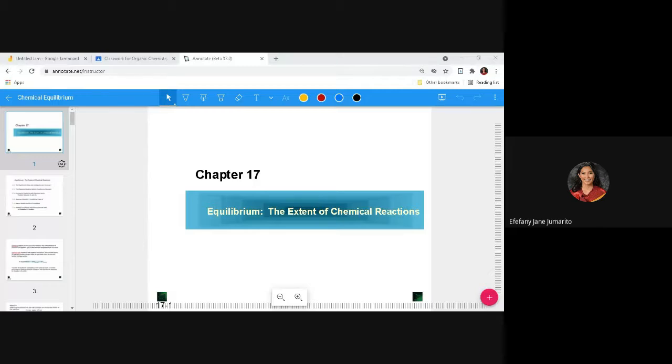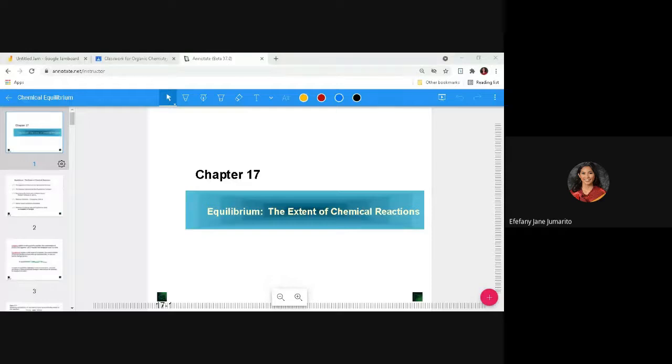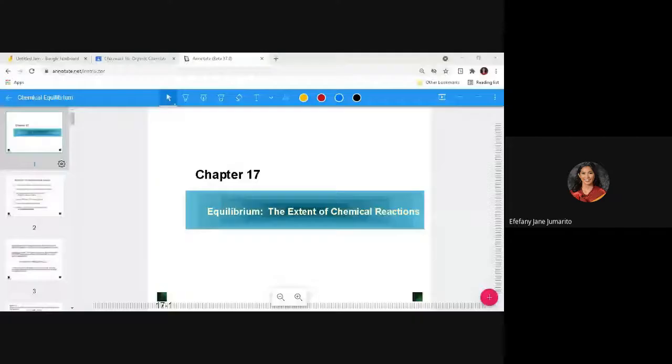Okay, so that is equilibrium. So we have learned during our previous topic that a reaction would proceed forward or proceed backward.